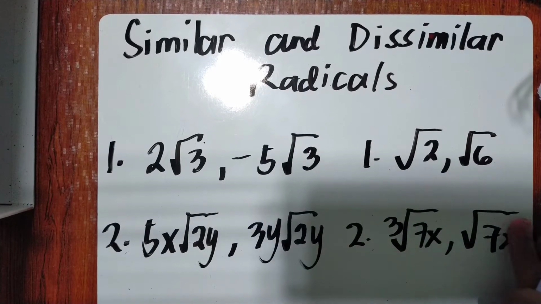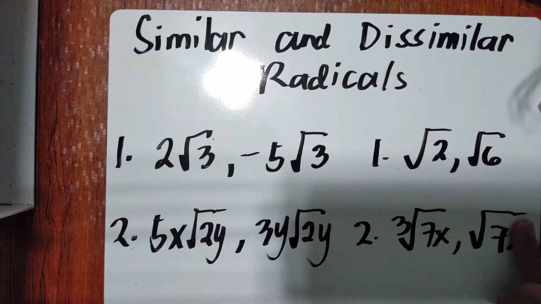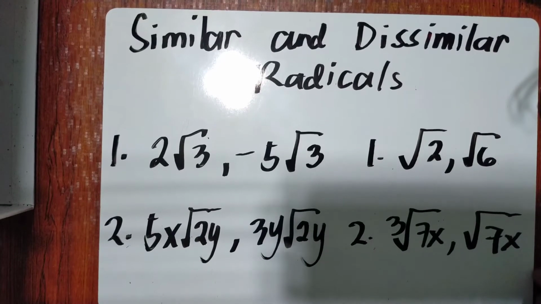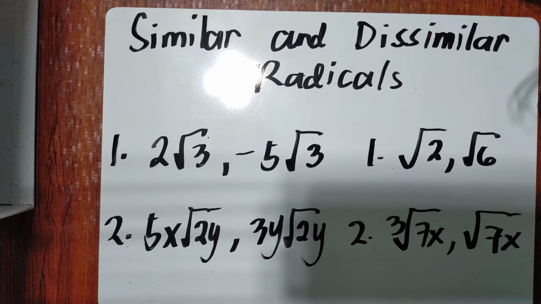So, let's find if it is a similar or dissimilar radicals. But first, what is a similar radicals? Similar radicals are radicals containing the same radicands and indices. That means, para matawag natin siya na similar, kailangan parehas ang index at ang radicands.